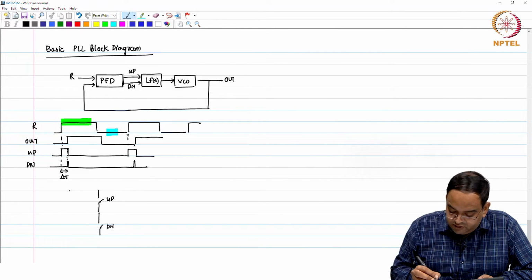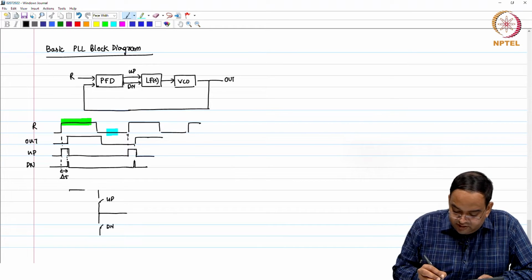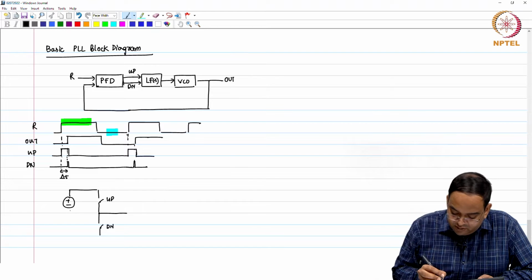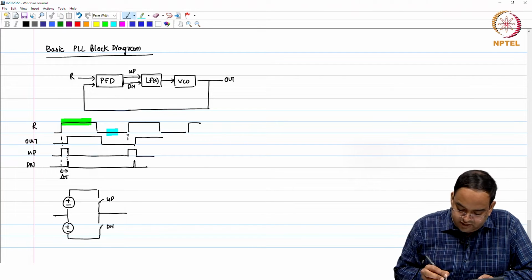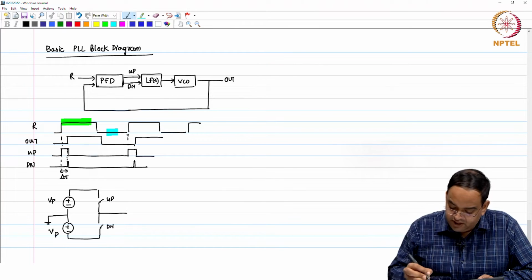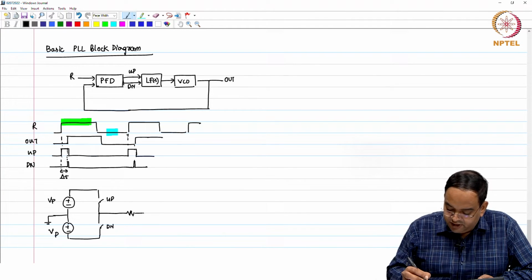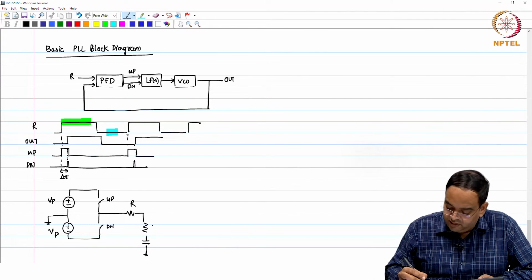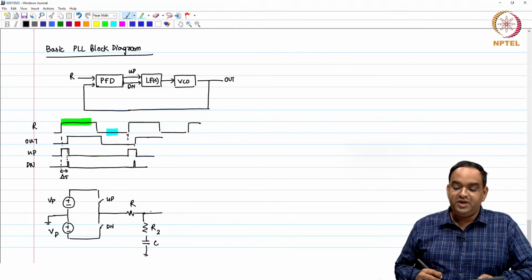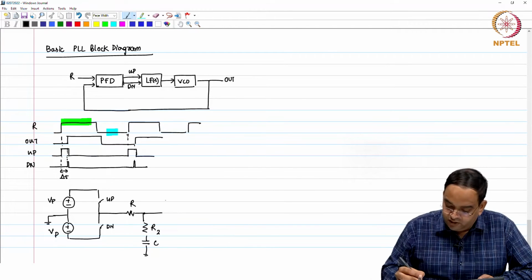Now, these up and down switches connect a voltage source, for example, Vp. Let me just draw the circuit first. This is grounded, this is Vp, both are Vp, and then you have some filter here, R1, R2 and C, and this happens to be your loop control voltage.